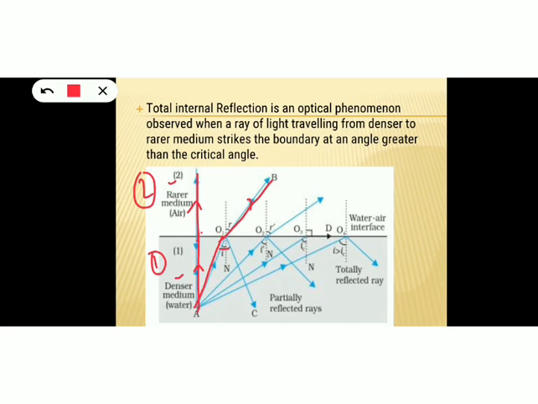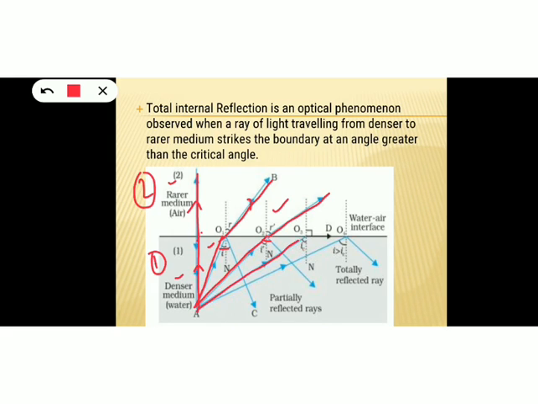Secondly, the angle of incidence has been increased. So i dash is the angle of incidence now, which is greater than i, the initial value. When the angle of incidence is increased, we can see the angle of refraction, that is r dash, also increases.